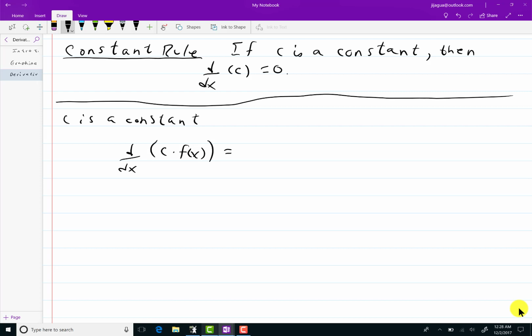This equals the limit, so this thing right here is what I'm going to be plugging into the formula. As h goes to 0, c f of x plus h minus c f of x all over h. And I'll simply factor out the c.